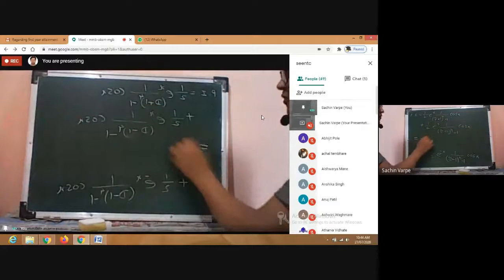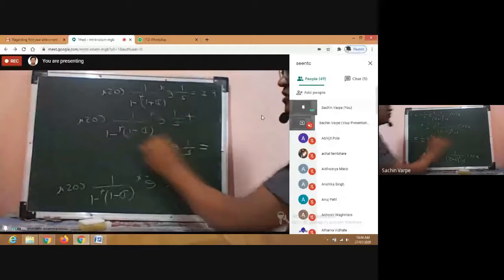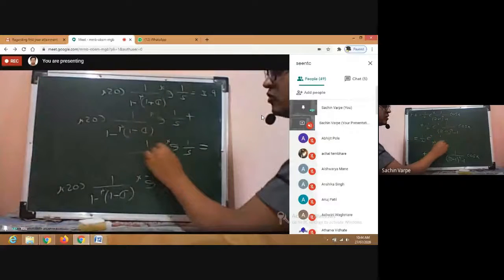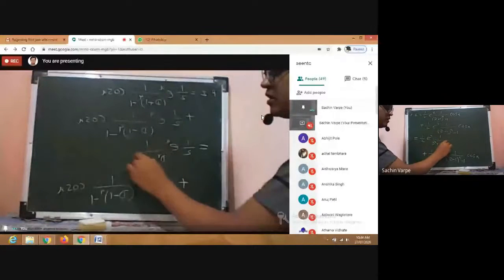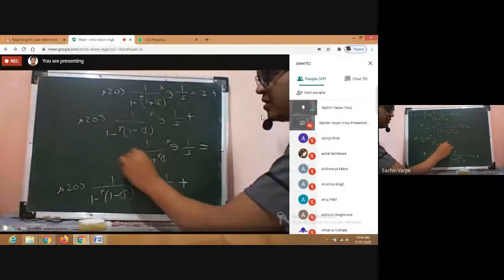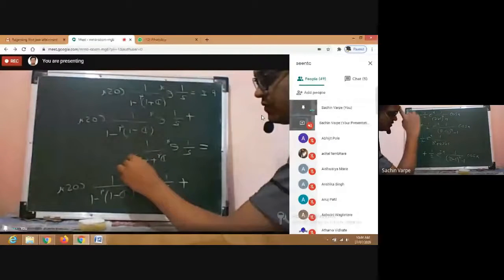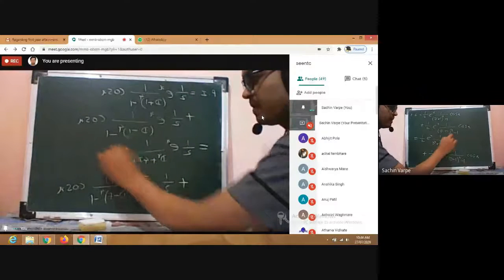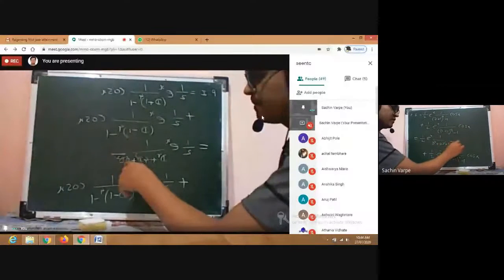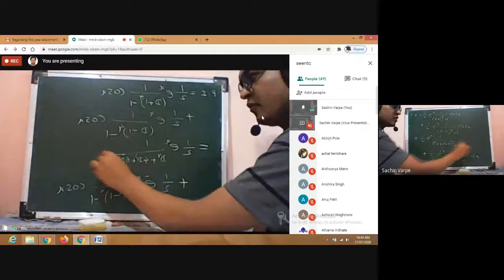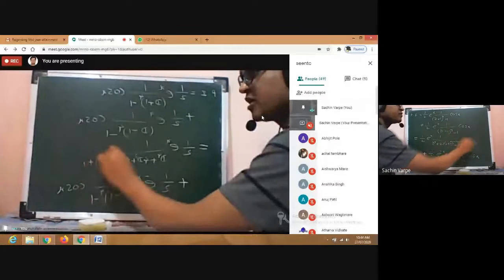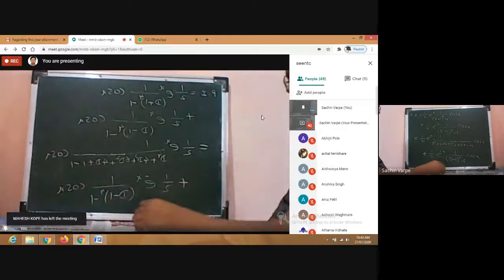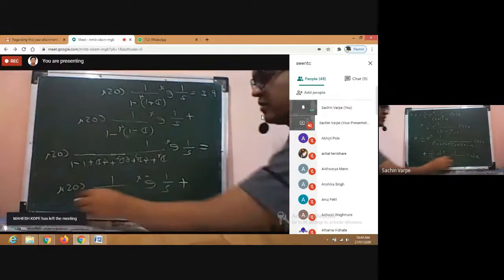So half of e raised to x into 1 upon, what is the expansion of this? D raised to 4 plus 4 D cube plus 6, is it 6? 6 D square plus 4 D plus 1, check, and minus 1 into cos x. This is equal to 1 upon, I'm writing here only.